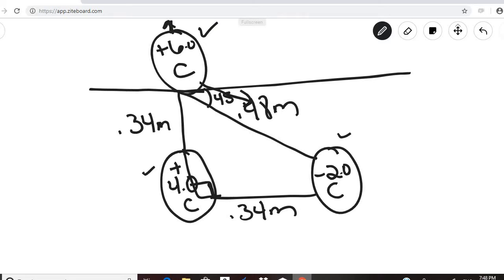Okay, so that's going to be the direction of the forces. So let's look at how we would deal with this situation by Coulomb's law. Okay, so let's first look at the relationship between the four, maybe I'll draw this over here just simpler.